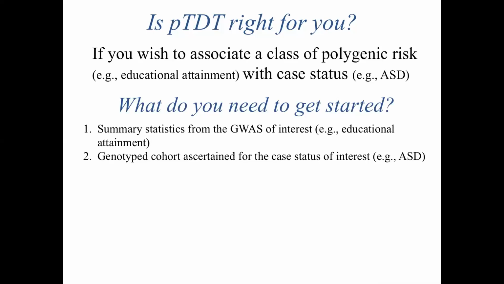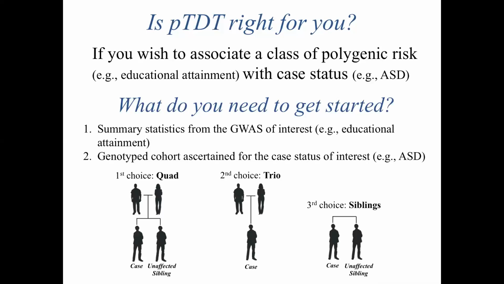So a cohort of kids who are taller than their parents, or a cohort of cases with autism with unaffected parents. And there are a number of family structures that are compatible. The best are quads, because you not only have an affected case and unaffected parents, but also an unaffected sibling, which allows a negative control.